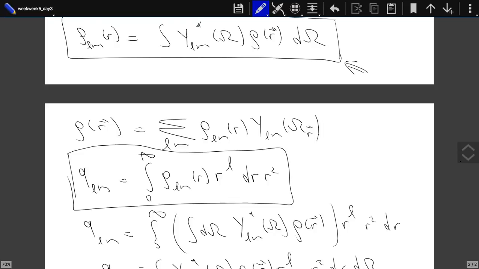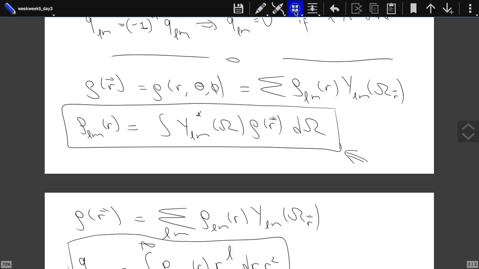We are saying that all Q_lm for odd l are 0. That is our assumption, and we try to prove that rho is symmetric from that assumption. But just looking at this definition, I don't see how. So Q_lm is 0, rho_lm might be 0, might not be 0. Its integral might be 0.